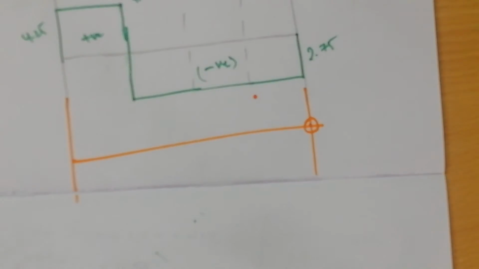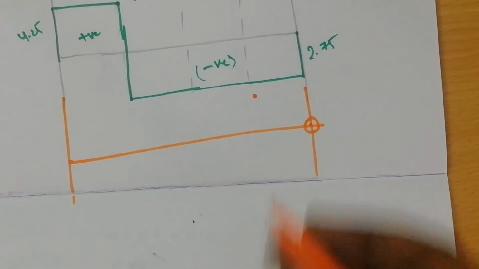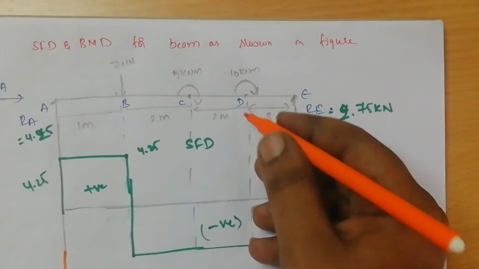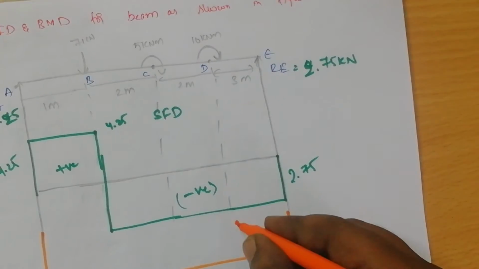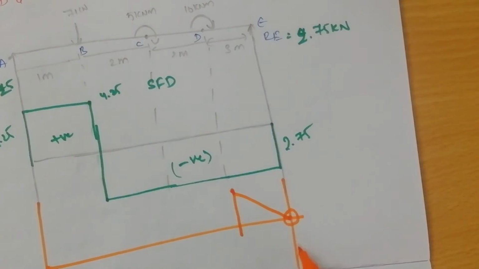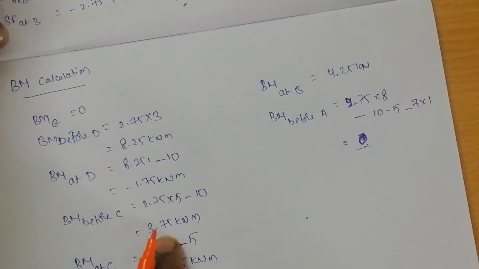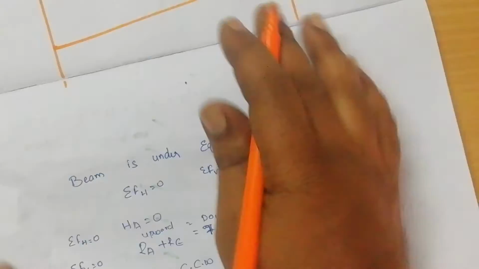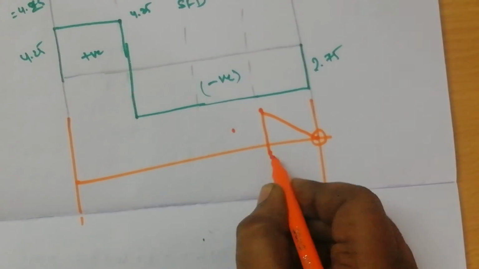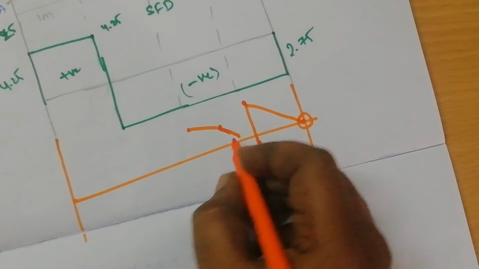I have taken a small scale, let it be. Next is minus 1.75 at point D, because of the moment acting at that point, so you have to come down like this. This will be joined by an inclined line. Next, from minus 1.75 we have to go to 3.75, so I will join these two points.